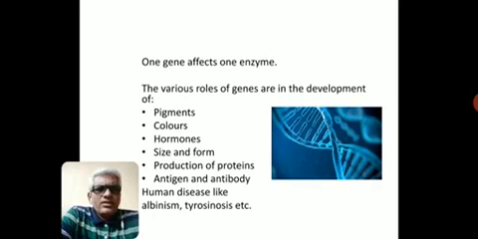We can summarize the roles of genes: they play a great role in the development of pigments, colors, hormones, size and form of the individual, in the production of proteins, antigens and antibodies, and they may also cause severe diseases in human beings like albinism and tyrosinosis and so on.